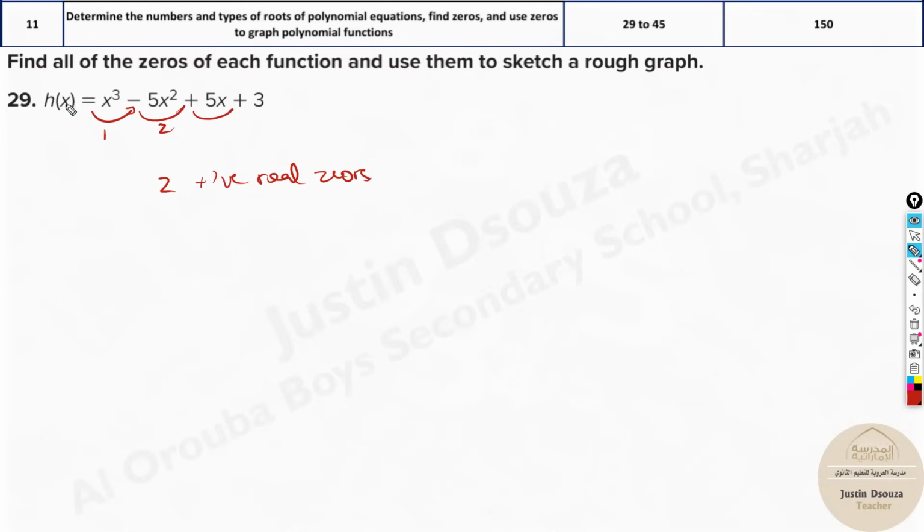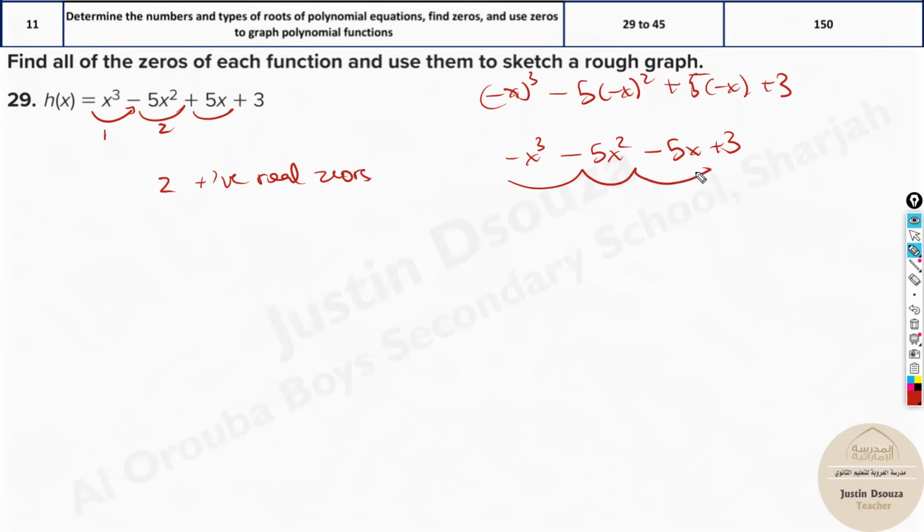Now we change this to negative x: negative x cubed minus 5 times negative x the whole squared plus 5 times negative x plus 3. When you solve it, it will be negative x cubed minus 5x squared minus 5x plus 3. Over here there is no, no, and yes. Only one sign change, so there will be one negative real zero.